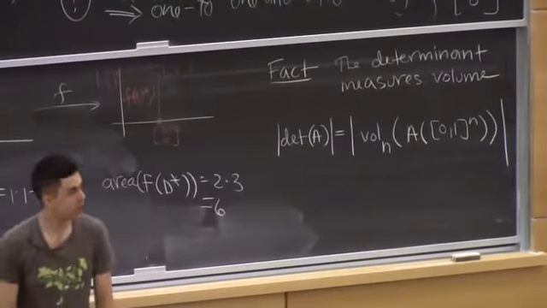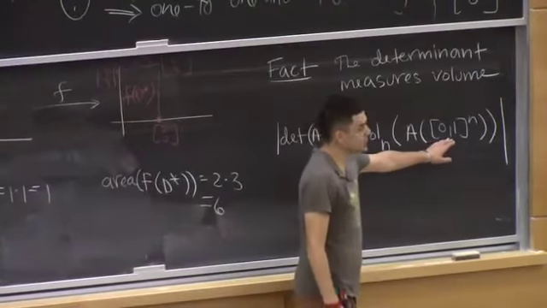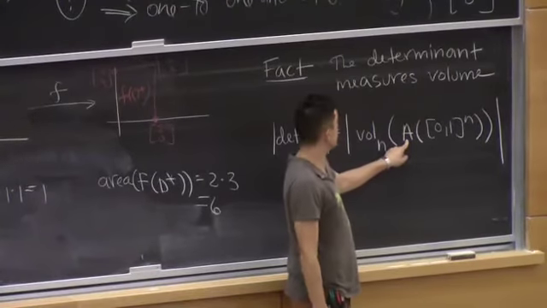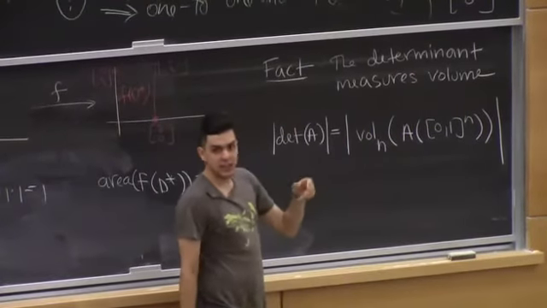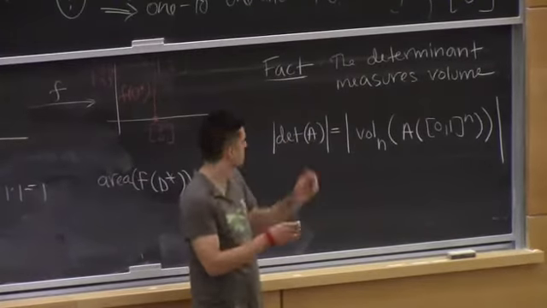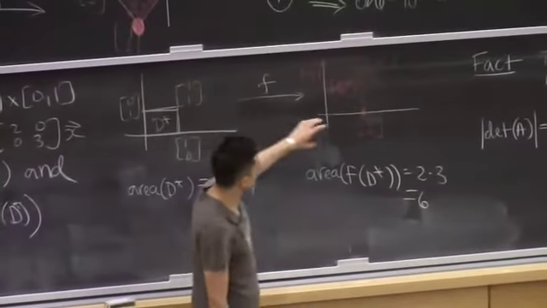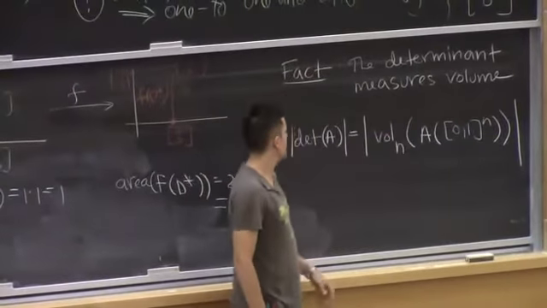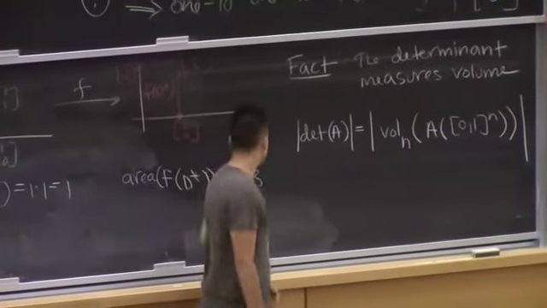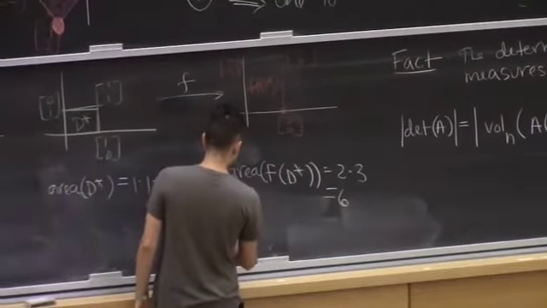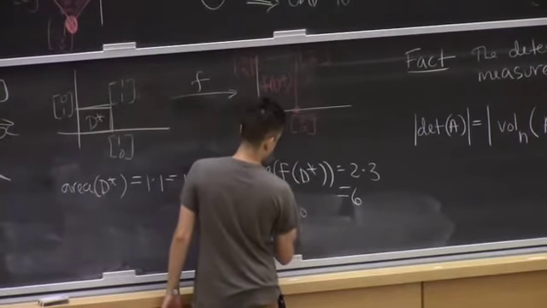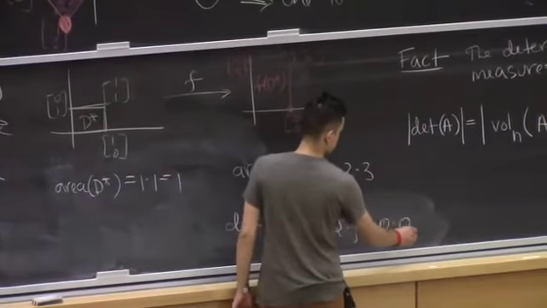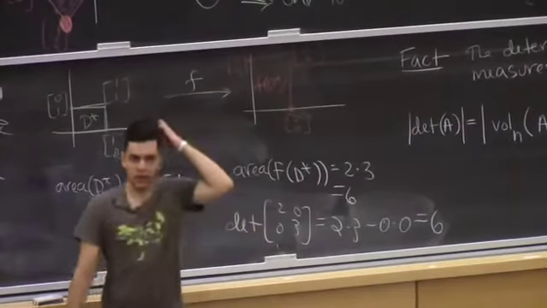Okay, so if we take our unit cube, our unit square, or our unit cube, and we apply the transformation A, then that'll give us some region in space. Here we started with a square, and we wound up with a rectangle. If we measure the area or volume of that rectangle, that'll give us the determinant of this guy. So this area is equal to the determinant of our matrix.